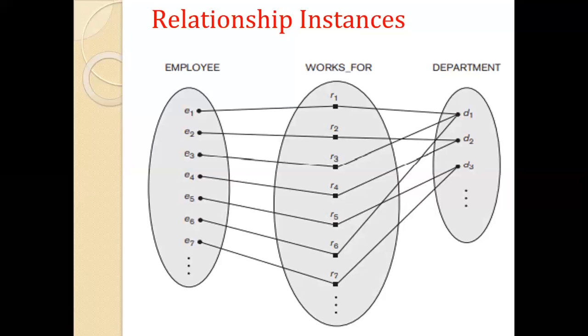Based on this, we'll categorize relationship instances in different ways later. So this is an instance. Each instance indicates that an employee entity works for some particular department.